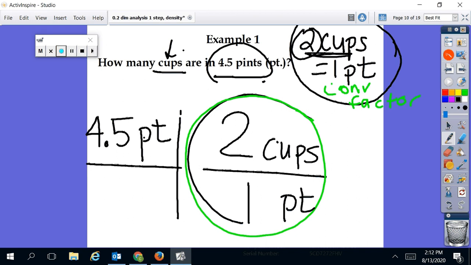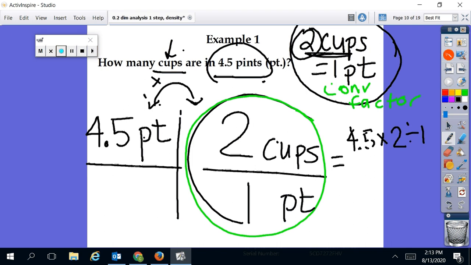Okay. And now I'm going to take 4.5, multiply by 2. So remember, everything across is multiply, everything under is divide. So if I was writing this in my calculator, it would be 4.5 times 2 divided by 1.